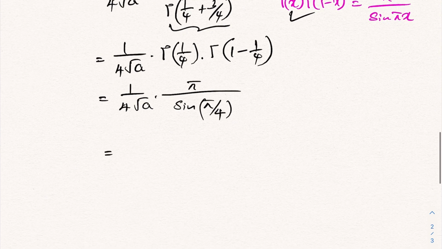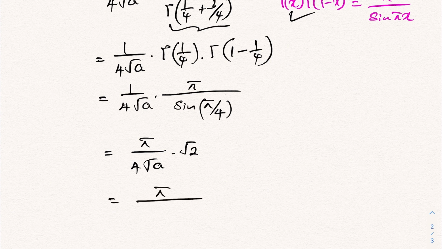Now sine of pi over 4 we know is 1 over square root of 2, so here we have the square root of 2. If we simplify, we have pi over 2 times square root of 2 times square root of a.